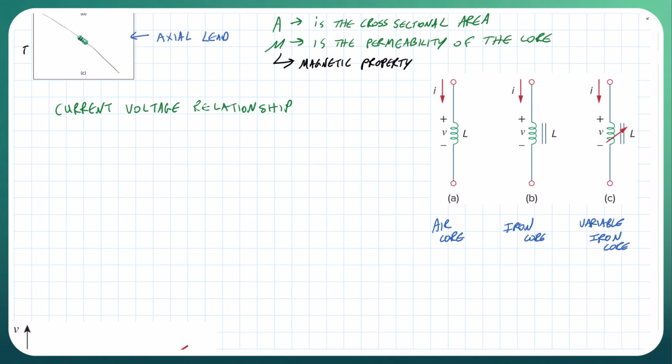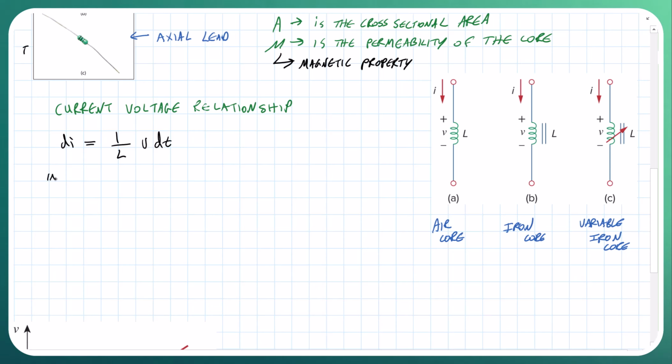Okay, let's come back and look at the current voltage relationship, which is obtained from looking at the change in current is equal to 1 over L times the voltage change in time.